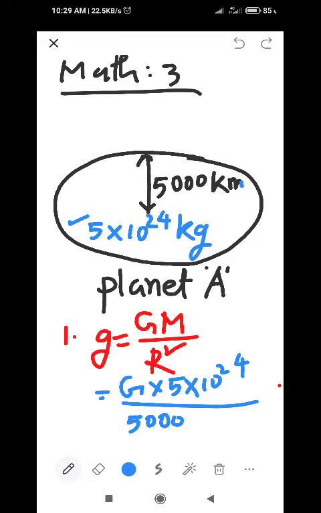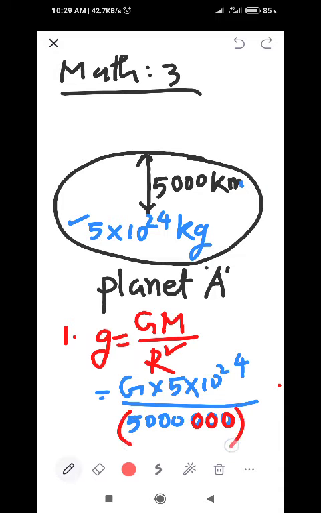That means 5,000 kilometer equal to 5,000 into 1,000. That means you have to add another 30, right? Okay. That means this 30 added is due to the conversion from kilometer to meter.